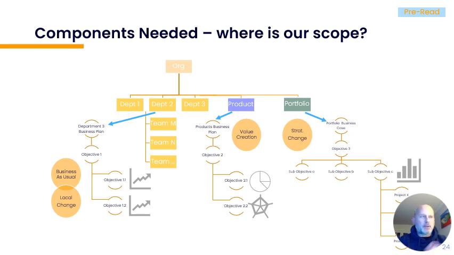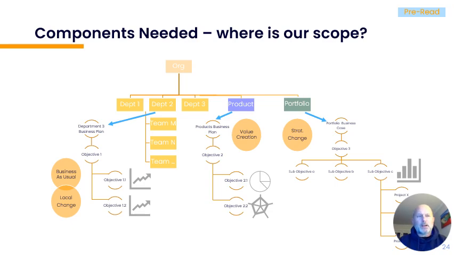Are we helping those business units understand their objectives and cascade them and manage that? Are we helping our value generation teams, our product groups, to define and manage the value chains that we have in our business? Or are we really focused on just strategic change with our change portfolios? Or is it all the above? So which is it? We need to know that.